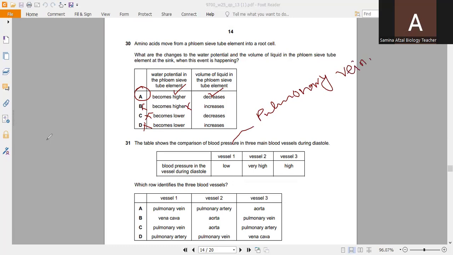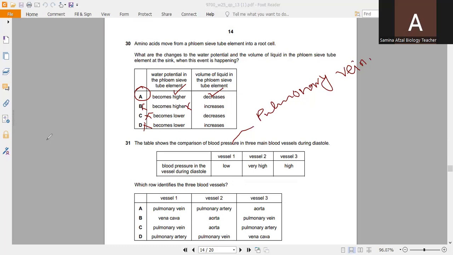because it has to carry the blood back to the heart. And then vessel 2, which can be the pulmonary artery, carries blood away from the right ventricle to the lungs, while its pressure is significantly lower than that of the aorta.